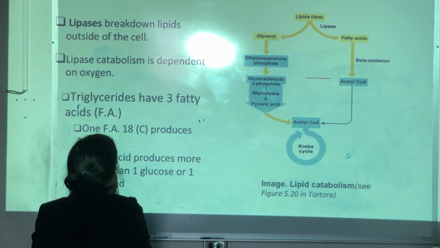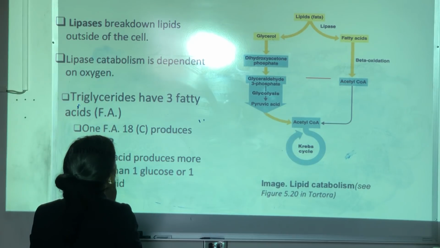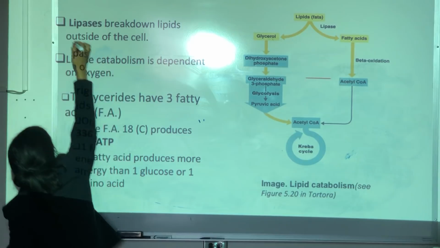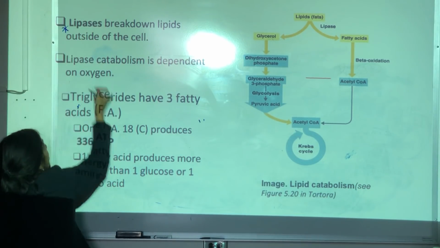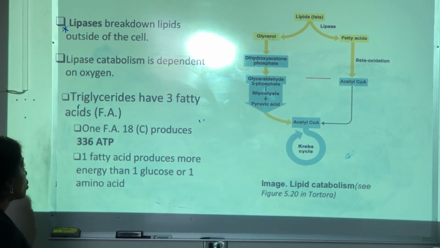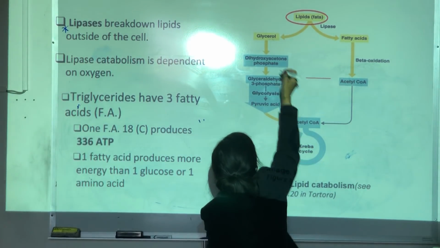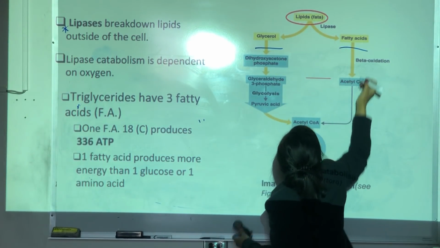Lipid catabolism is the breakdown of our fats. Our lipids are fats. I did update this. Lipase is going to break down lipids into its smaller components, which will be glycerol and fatty acid.